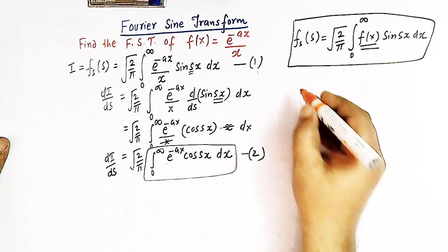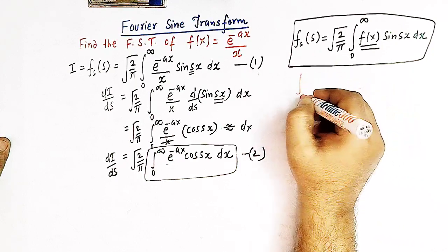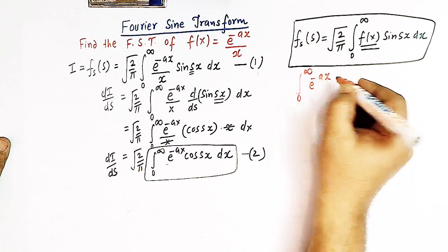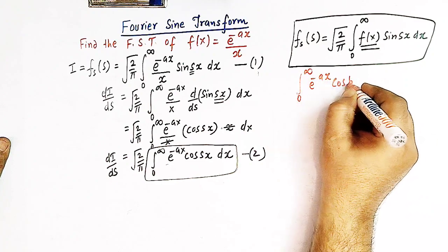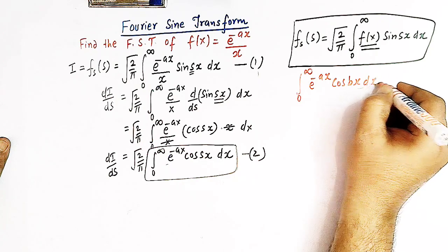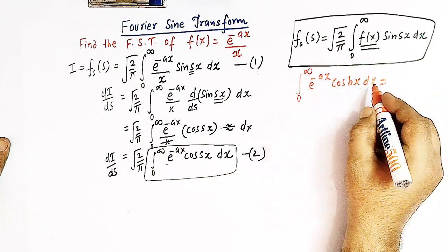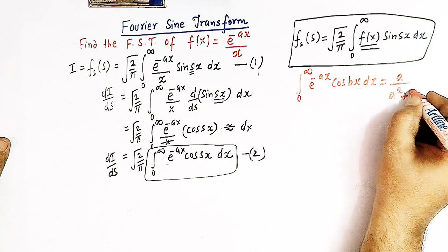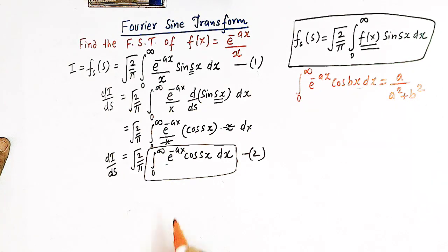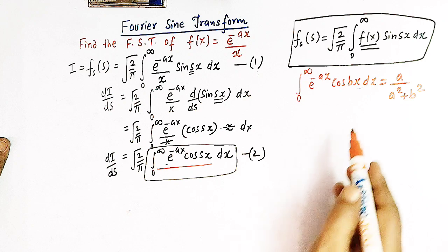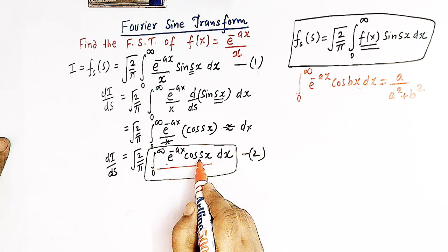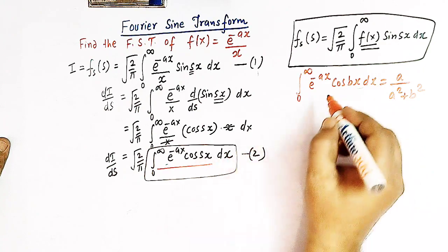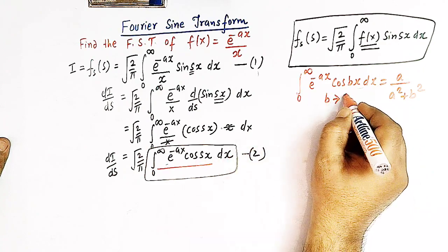The direct result is that the integral from 0 to infinity of e raised to minus ax cos of bx dx is a over a square plus b square. Comparing this integral with this one, here we have sx, so b can be replaced by s.